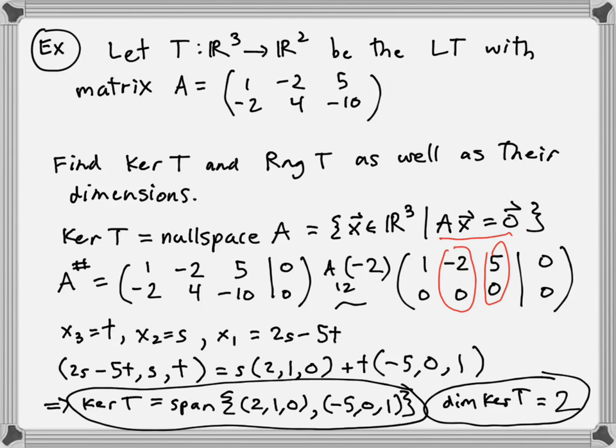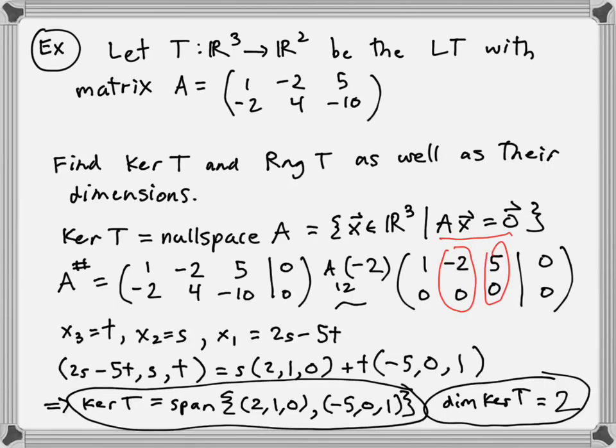Let's do the range now. Remember, the range of T is going to equal the column space of A. To find the column space, you need to put it in row echelon form. And if you come back here, remember that you look for the column that has a leading 1.